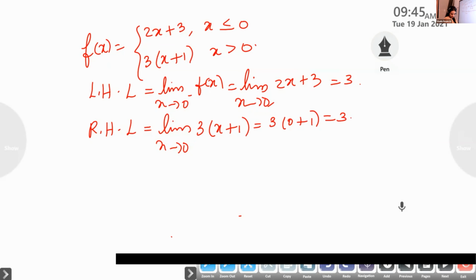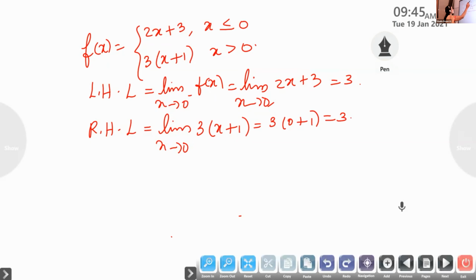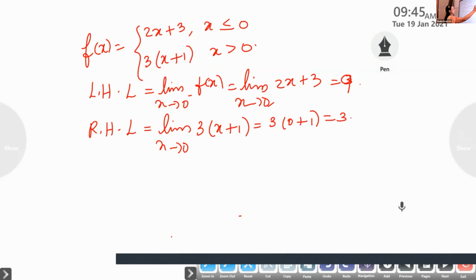At limit x extending to 0, it is 2x plus 3. 2 into 3, 6 plus 3. Okay, so it is 9. Limit extending to 0, okay, so it is 3. The second case also, 3 into x plus 3. So both are the same, you are getting, isn't it?